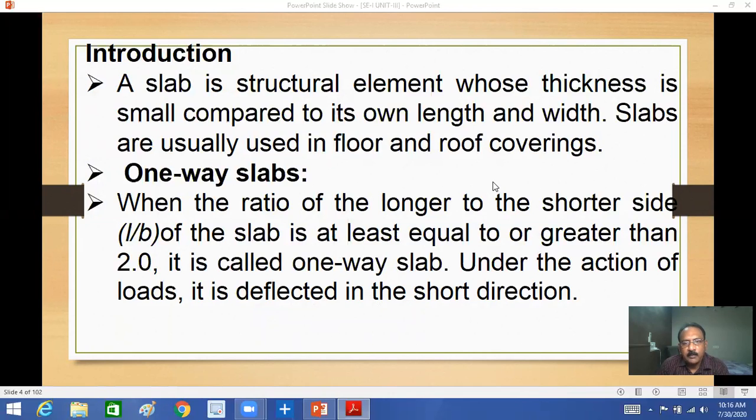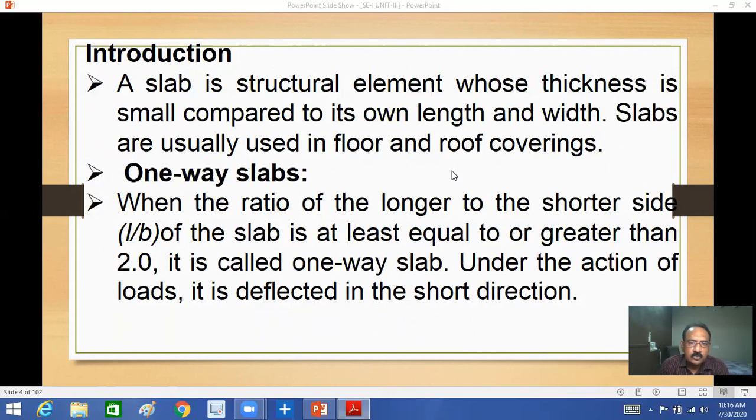Is it a one-way slab or a two-way slab? By observing approximately the length and width, you are able to tell whether it is a one-way slab or two-way slab. So there are some conditions. Why one-way slab? Why two-way slab?